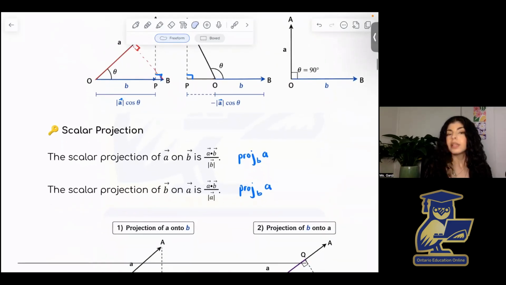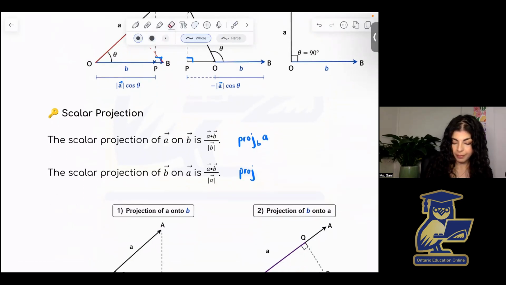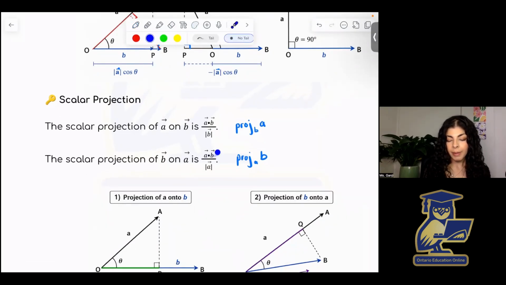To give a definition of how we calculate it, the scalar projection of A onto B is given by the dot product of A and B divided by the magnitude of B. Sometimes you may see it written in this notation, the projection of A onto B. This one should be now B onto A. So, the projection of B onto A; remember, the dot product is commutative, so this would be B dot A, but again it doesn't matter, it's the same dot product.